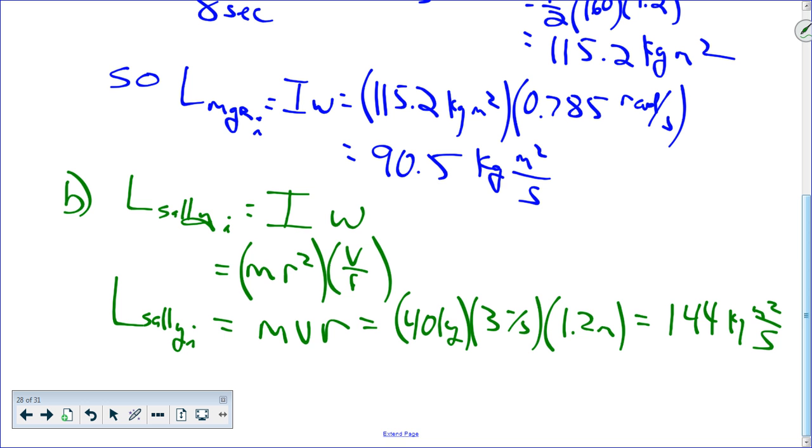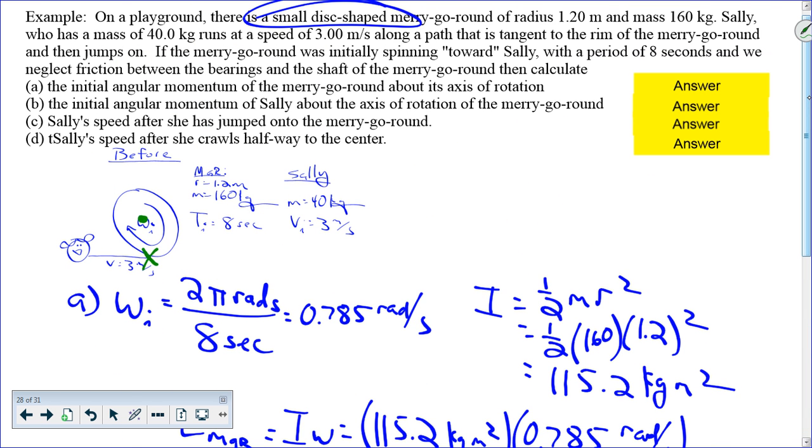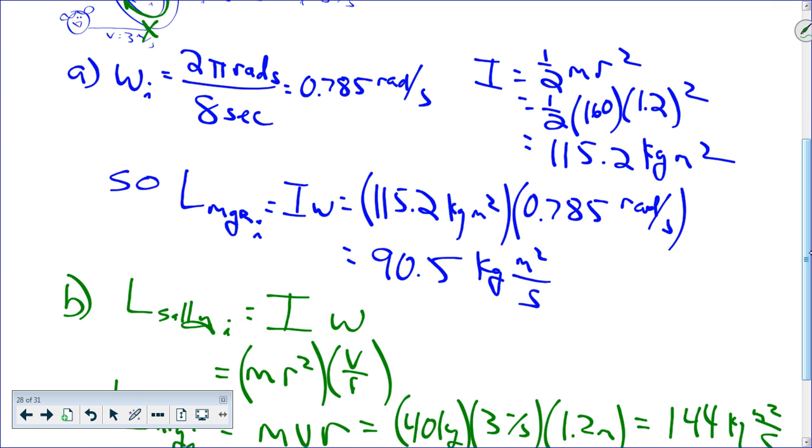Why? Because the merry-go-round is spinning towards her. According to my drawing, the merry-go-round is going clockwise, but her angular motion is counterclockwise, right? So we need to go back up here and tack on a negative sign.